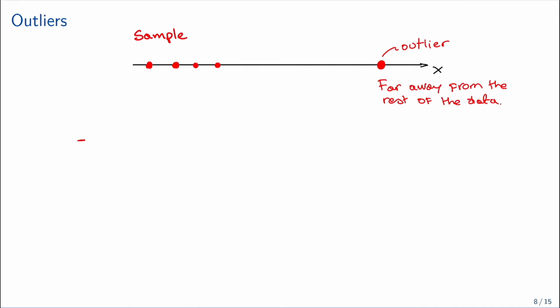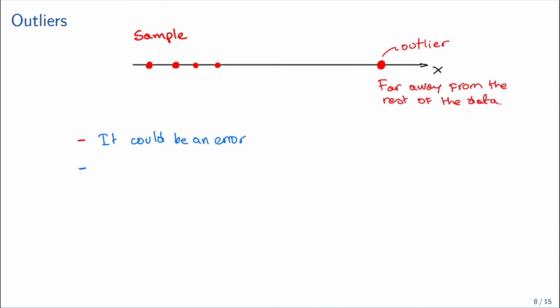So what should you do in those cases? Well, first of all, consider that it could be an error.